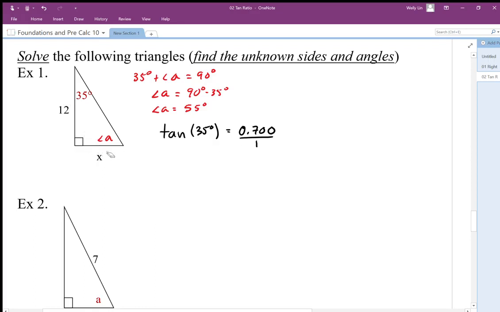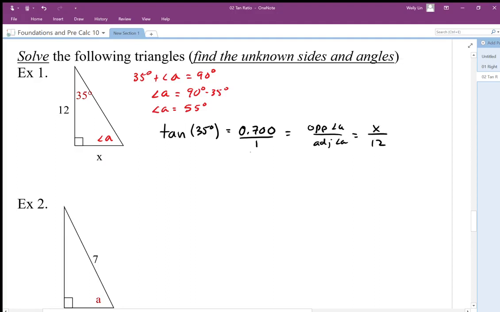We know that ratio is similar to the ratio these two sides give us. So I'm going to set this up. The opposite of angle A to the adjacent of angle A is going to be x to 12.